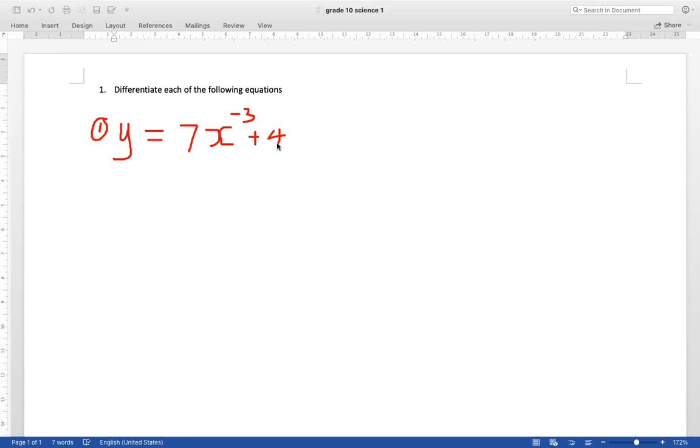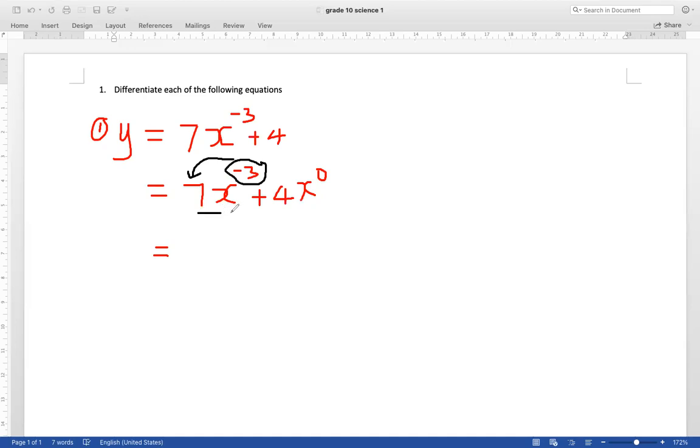And according to what we said last time we were here, when you have a 7x raised to power -3 with a constant term 4, we understand very well that this 4 is being raised to power 0, just for the sake of explanation. And then when you are differentiating, you get the power in the form in which it is, you multiply with a coefficient.